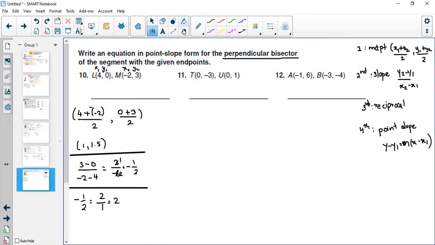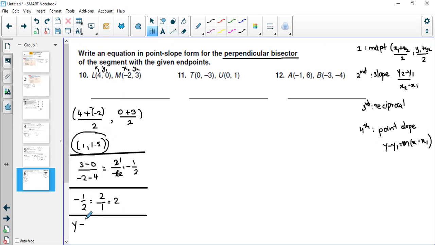So let's write the answer in point slope form. We are going to use the midpoint coordinates and the slope only. So what was the point slope formula? y. I leave the y as y. I'm not going to do anything for y. Minus y1, so we consider this to be y1.